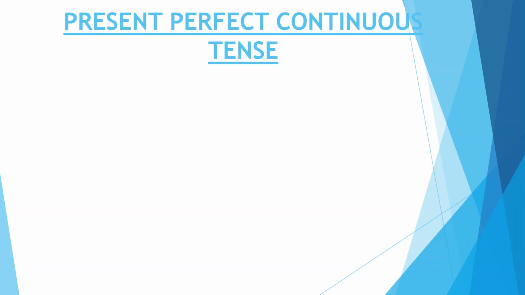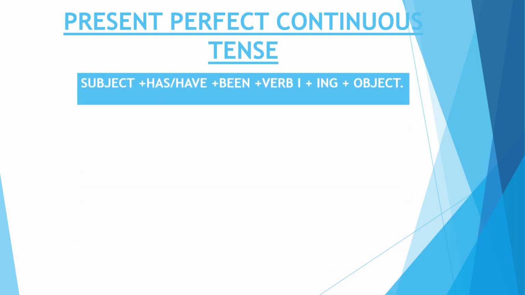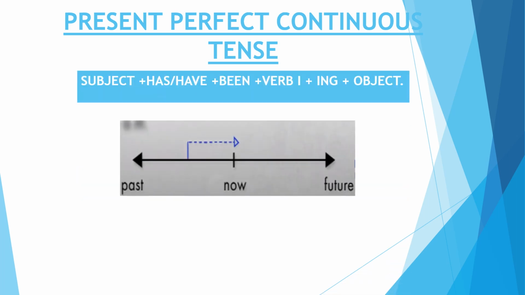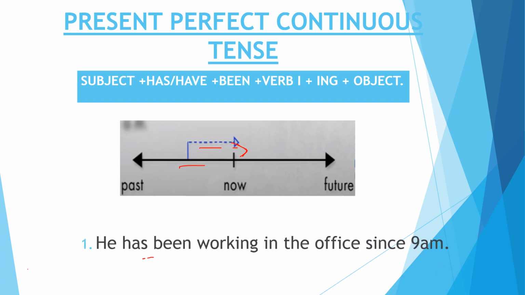Coming to the present perfect continuous tense, you can see here on the timeline that it indicates an action that started in the past and is continuing at the present time. You can see an example here. He has been working in the office since 9 a.m. in the morning.